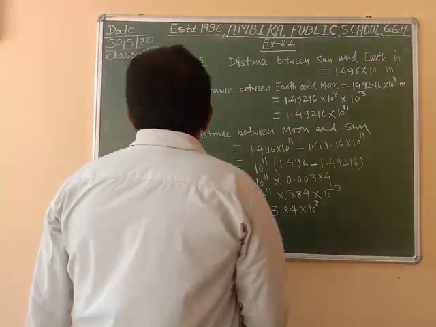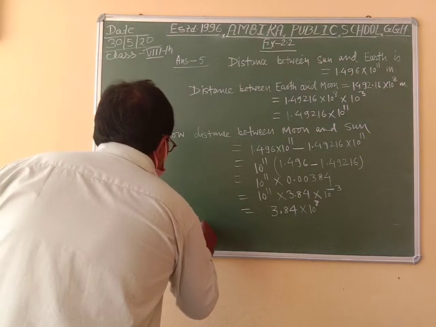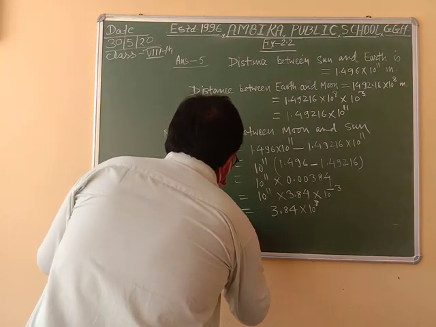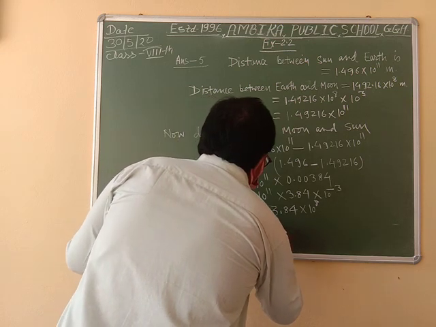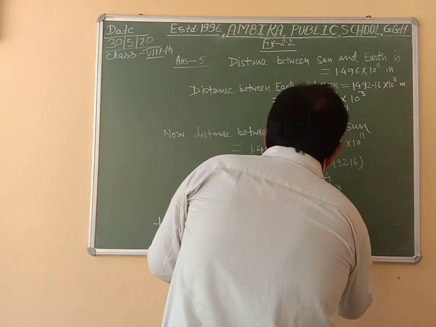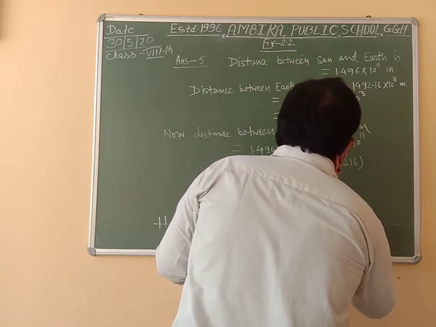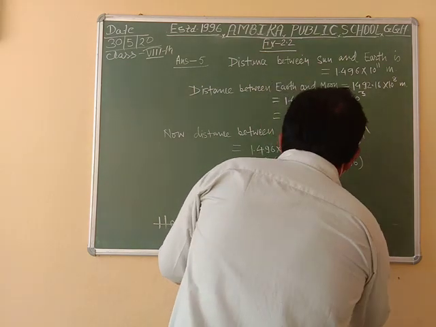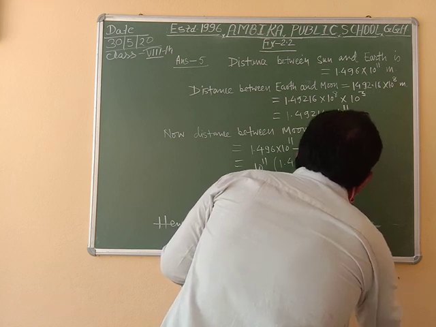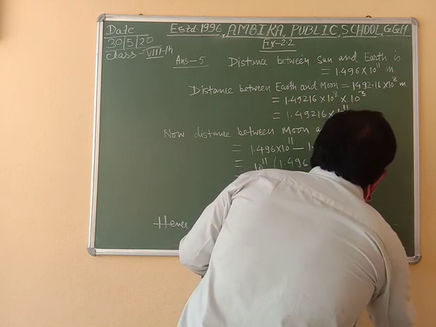Hence the distance between moon and sun is equal to 3.84 into 10 to the power 8 meter.